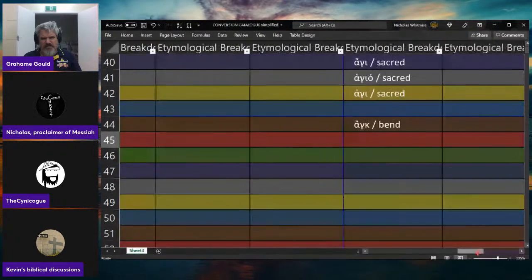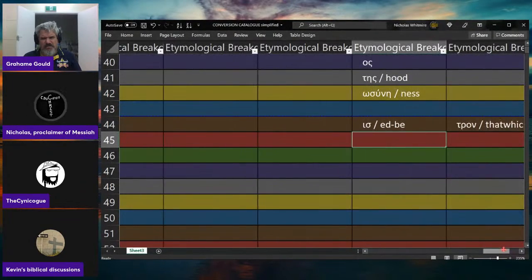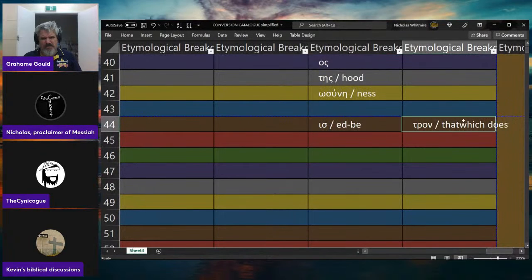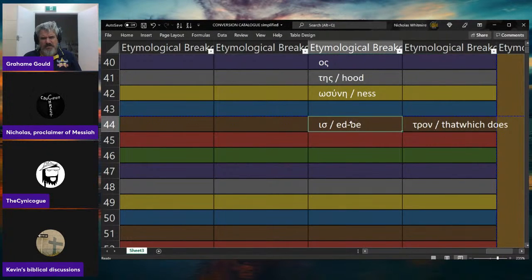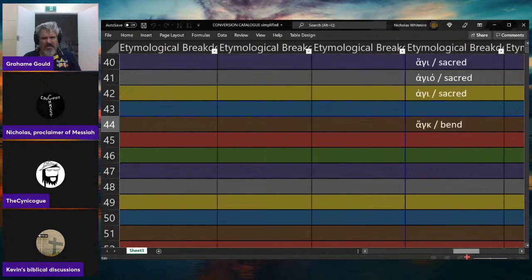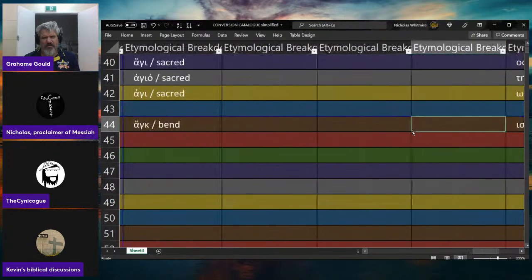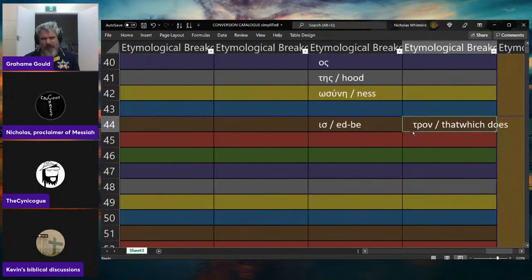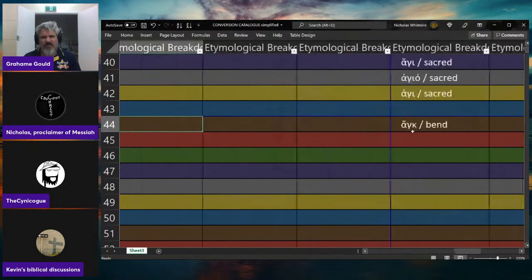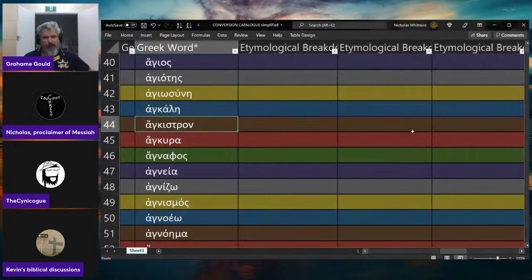So this is that which does be bended. See the id and the b. That means be bend from earlier here. So be bend id. That which does be bended is an ankistron.